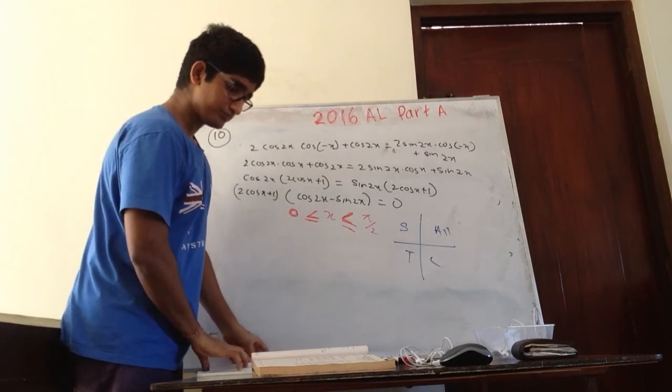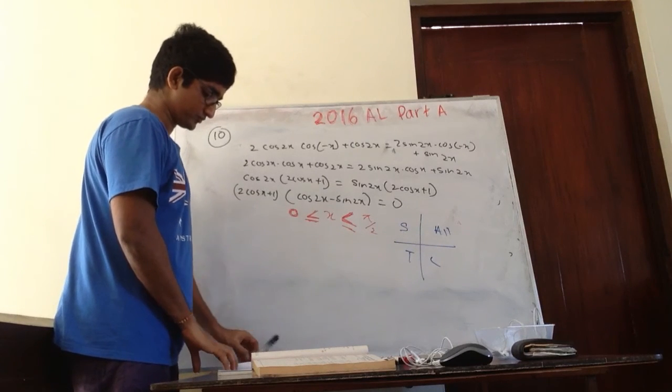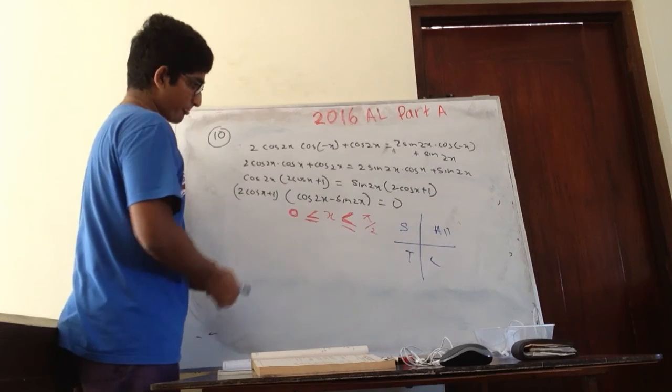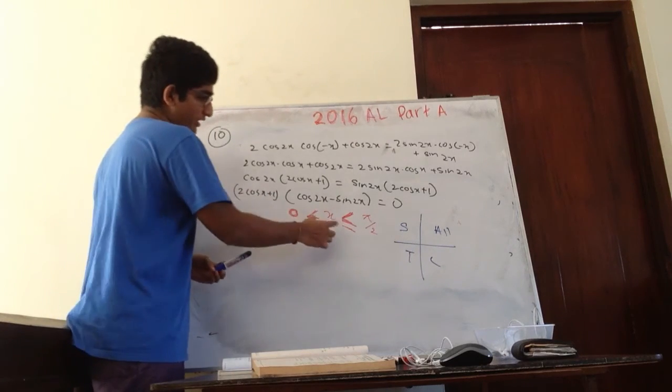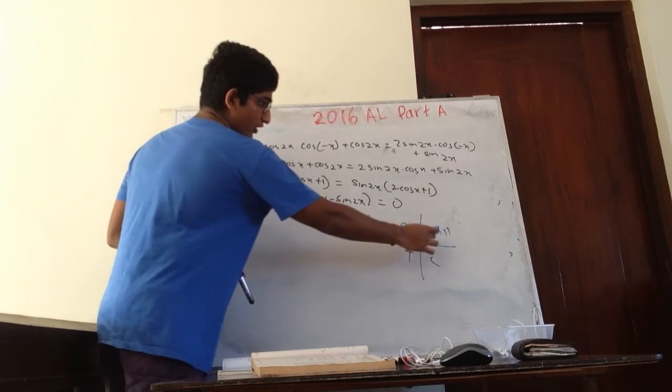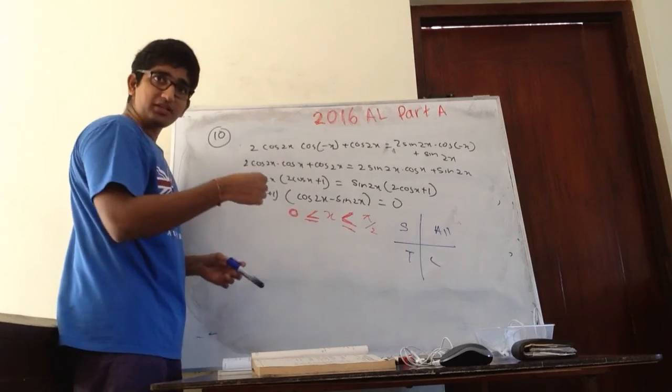Now, between x equals 0 and 5π over 2, this factor cannot be 0, correct?